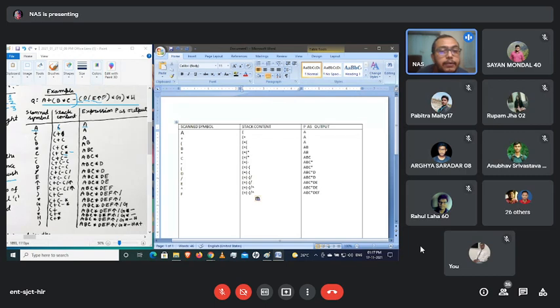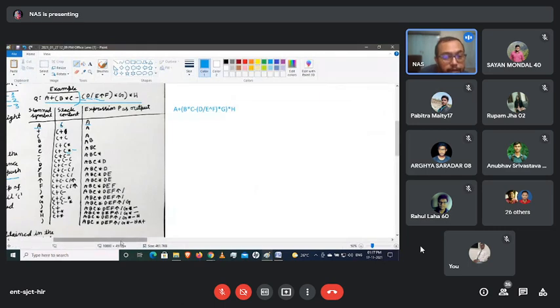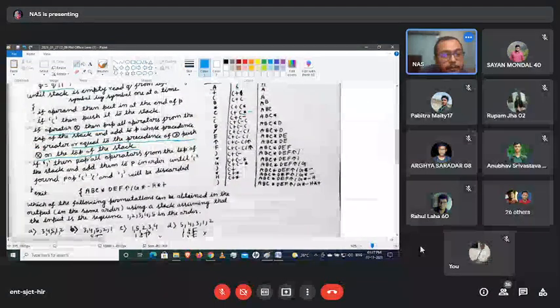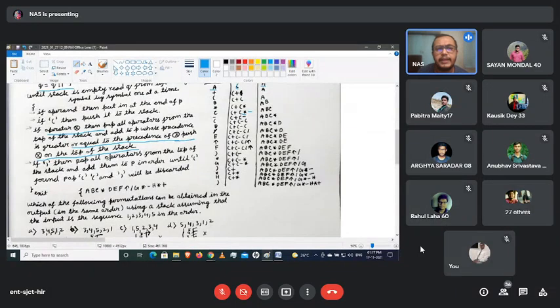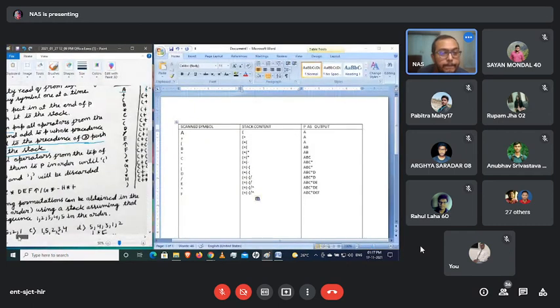Okay, after encountering f, we are encountering a closing bracket. So look at this particular line. If closing bracket, then pop all operators from the top of the stack and add them to the P in order until we have encountered an opening bracket again.